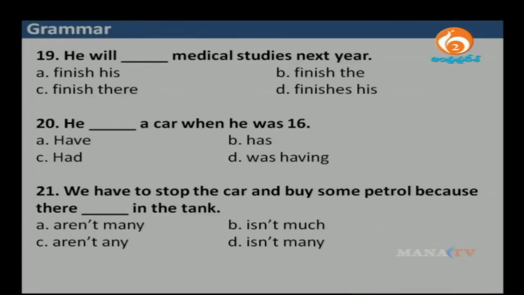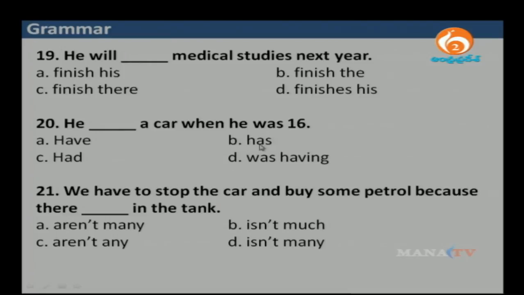He will finish his medical studies next year. Number 20, he have a car when he was 16. He has a car when he was 16. He had a car when he was 16. Now this whole sentence is past tense, so had is the correct option.